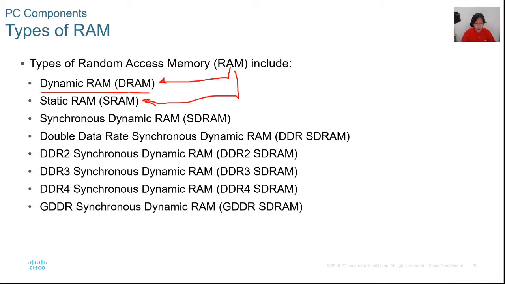The first type of dynamic RAM is the synchronous dynamic random access memory, or SDRAM. This one operates in synchronization with the memory bus. Remember I drew a while ago, we have the data, the control, and the address bus.